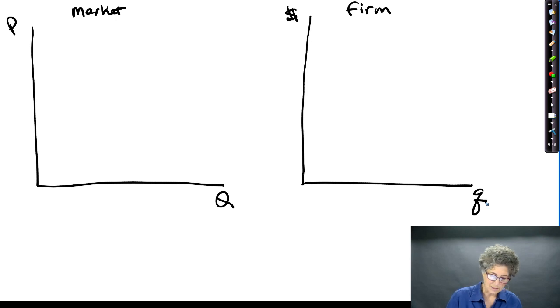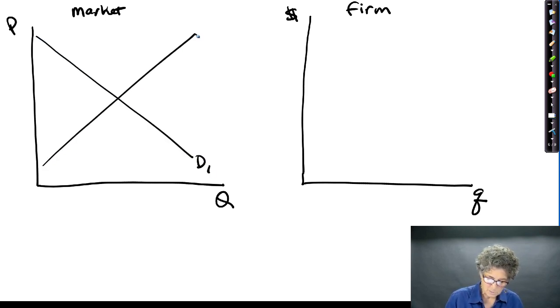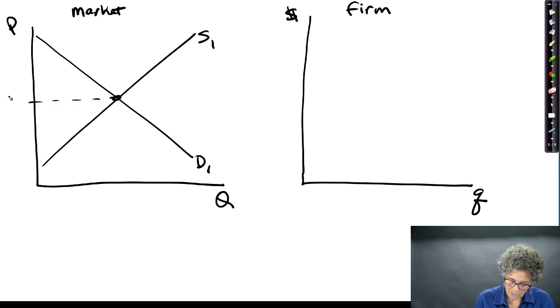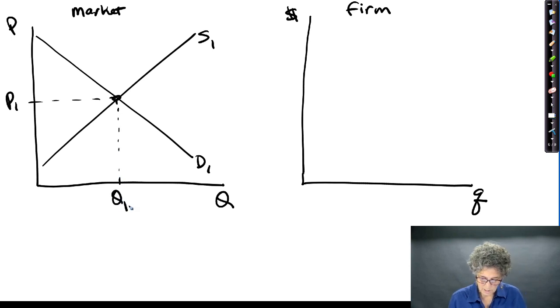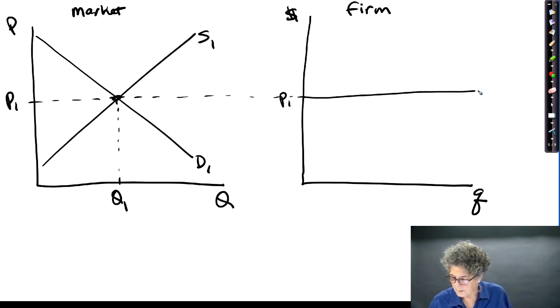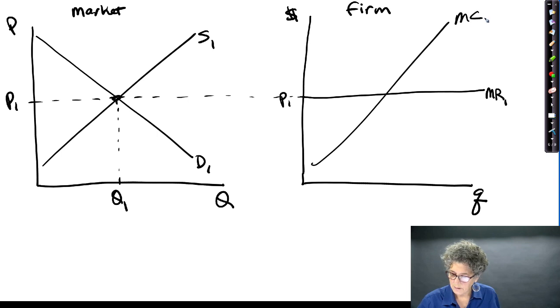Downward sloping demand curve D1, upward sloping supply curve S1, original market equilibrium price P1, original market quantity Q1. Take that price P1, dash it over to the right, and for the typical firm, that's going to be their marginal revenue, MR1. Throw a marginal cost curve on there, MC1.